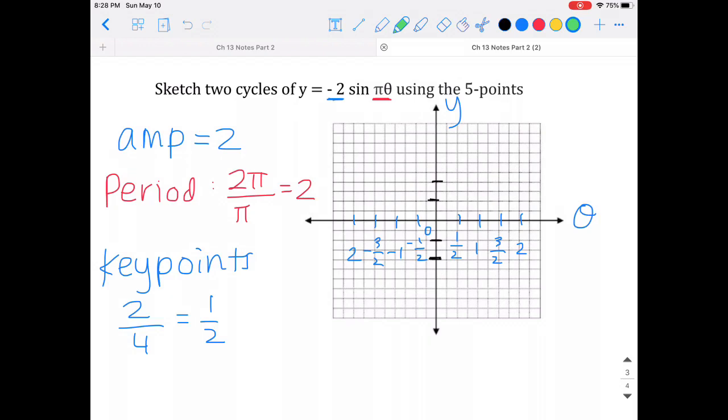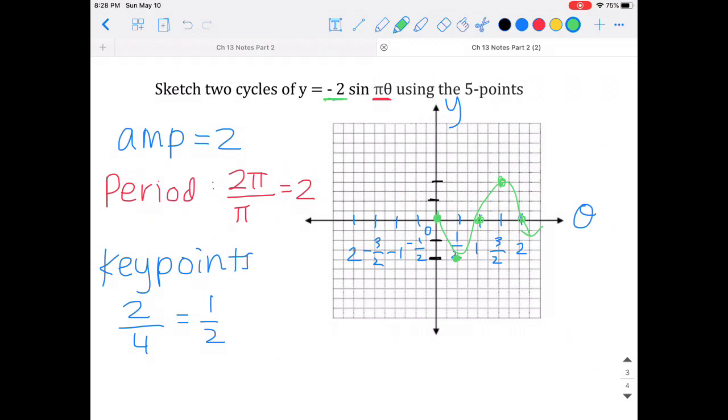So now when we sketch our graph, always start at the origin. Because our a value is negative, we're going to our minimum first. So at our first key point, we're at negative 2, then back to 0, up to positive 2, and back to 0. So the right side of our graph looks like this. And we're going to follow that pattern to sketch the left side of our graph.